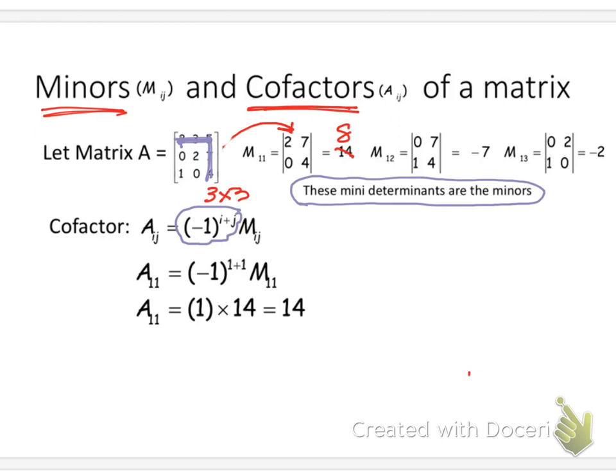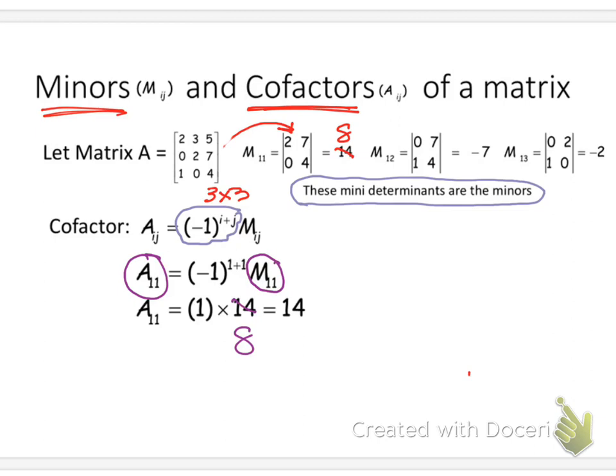So if I want to know cofactor A11, I need minor M11. That value is going to be 8, not 14. So I'm going to change that also on my original copy.